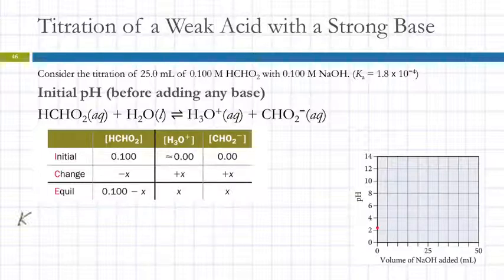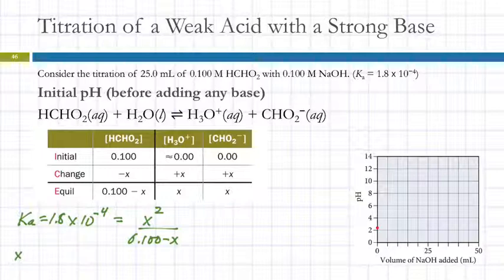And so we can say that our Ka, which is 1.8 times 10 to the minus 4, is equal to x squared over 0.100 minus x. X here is equal to the hydronium ion concentration.